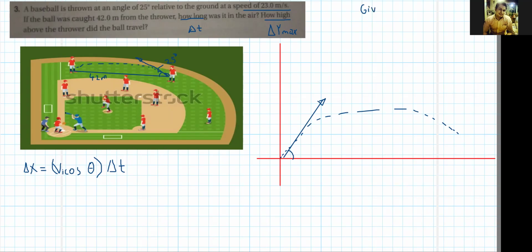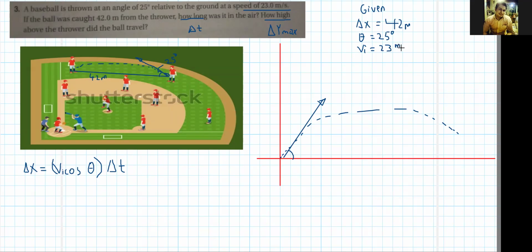It's really important before starting the exercise to write your given information. Horizontal displacement equals 42 meters. The angle, or the direction, equals 25 degrees. And we have an initial velocity as well, equal to 23 meters per second.